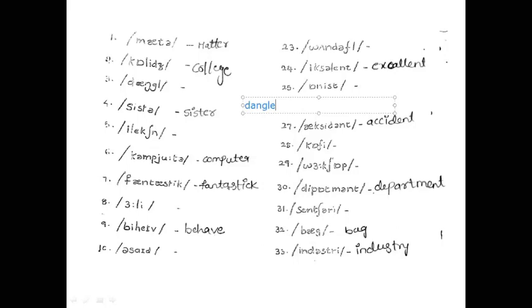Don't look at the symbols. Just write your spelling. What's that? That is dangle. Okay, dangle. Generally we'll say dangle. Okay, but whenever you say ing sound, gill won't be there, it is gill.